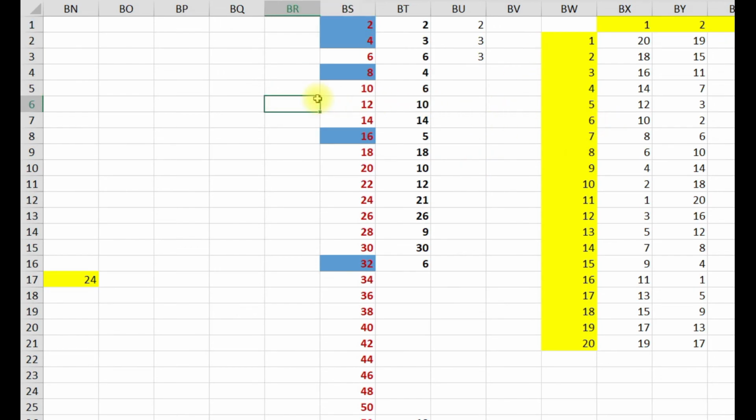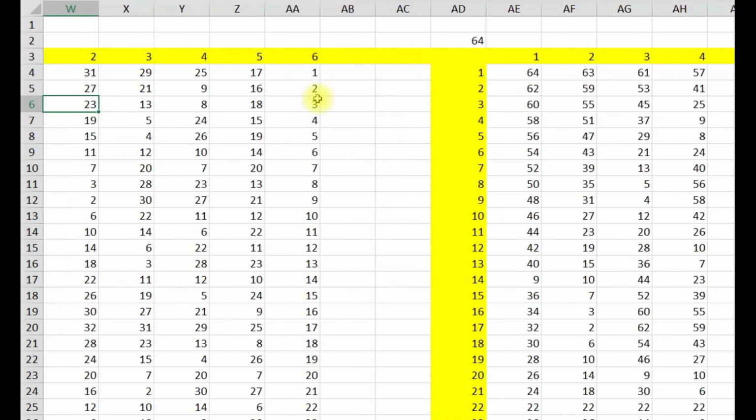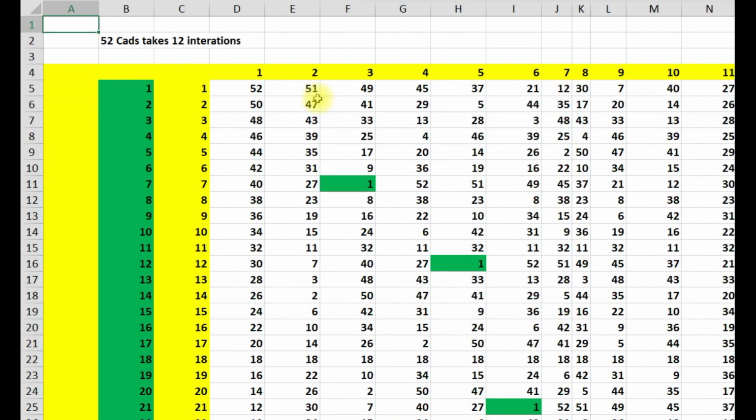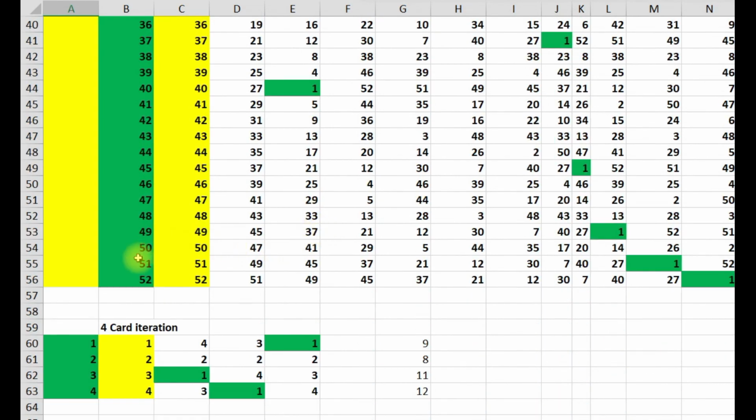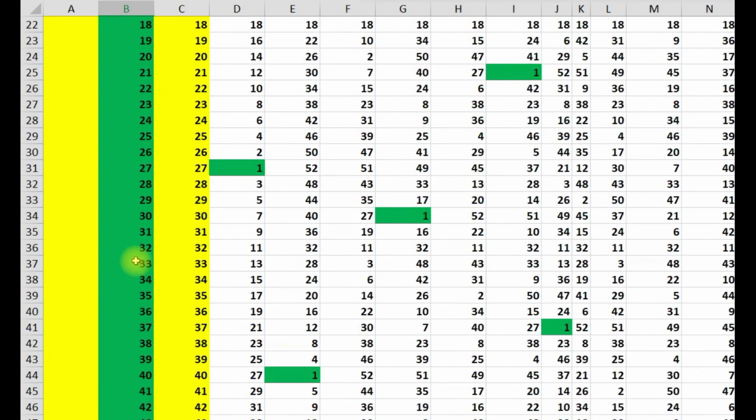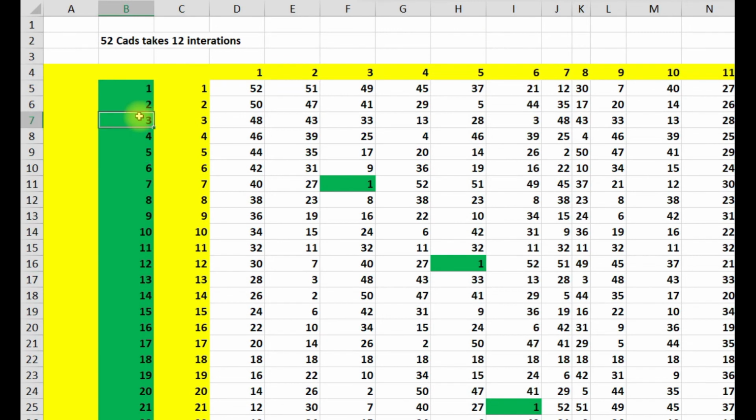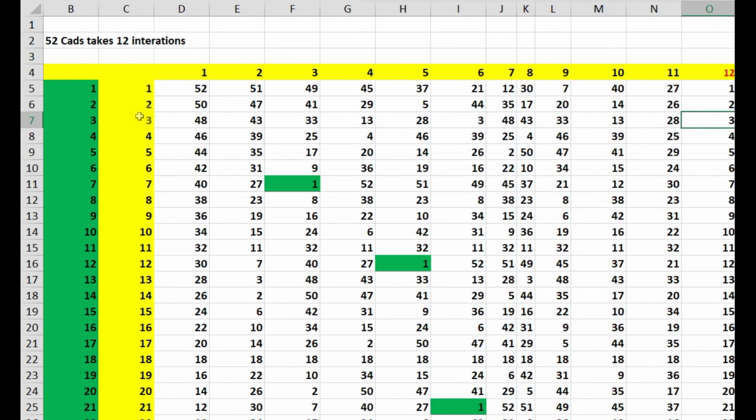And if I come all the way back here, this is one I've done, which is for a full deck of 52 cards, and with 52 cards, this is the first iteration. Here is this 1, 2, 3, 4, 7, 8, 9, 10, 11, 12. On the 12th cycle, everything is restored back to the original arrangement.